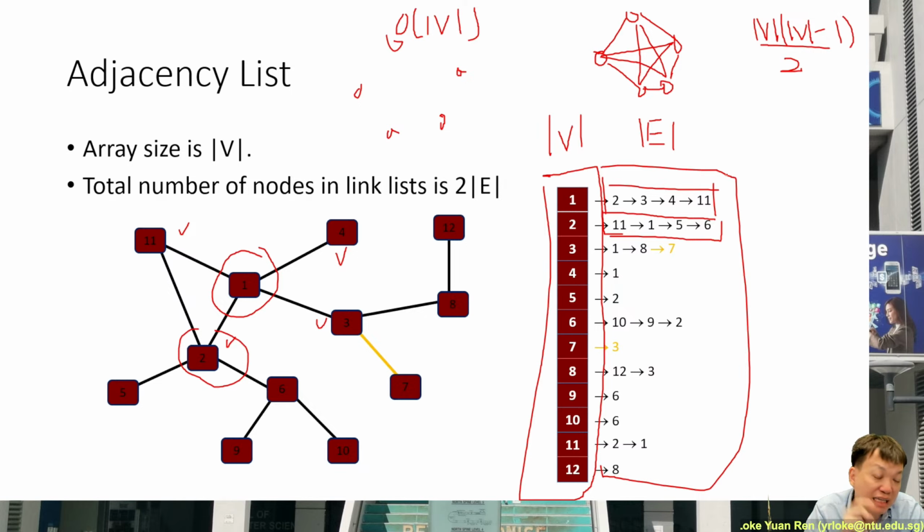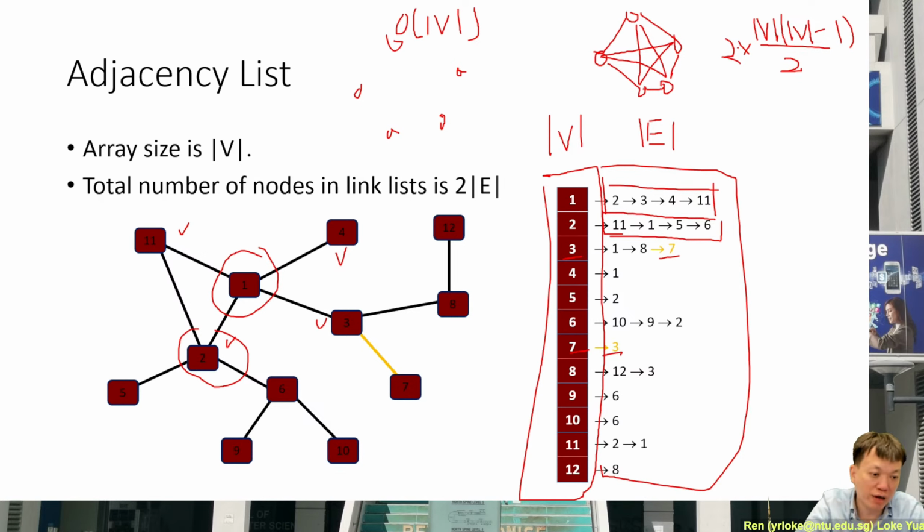And if it is an undirected graph, that means 3 connects to 7, and 7 also connects to 3. So you can see there's one node here and one node here, which is 2 times. So you need to multiply the total number of edges by 2, because you can go from A to B, and also from B to A in an undirected graph.